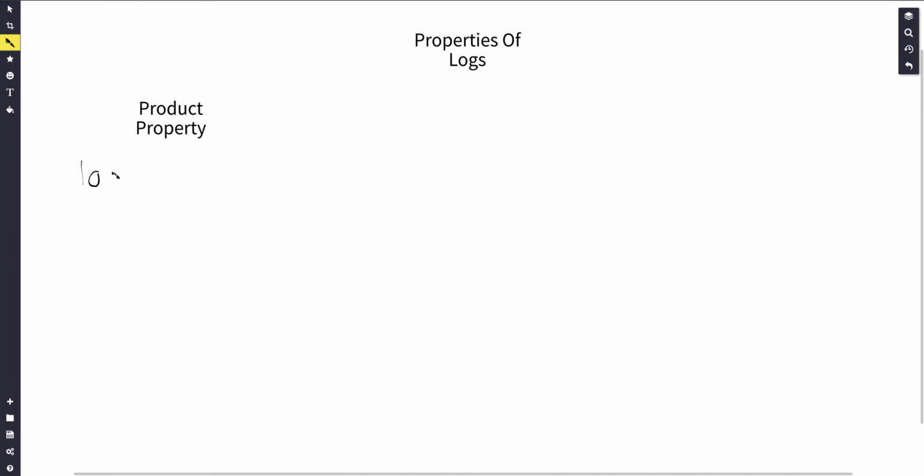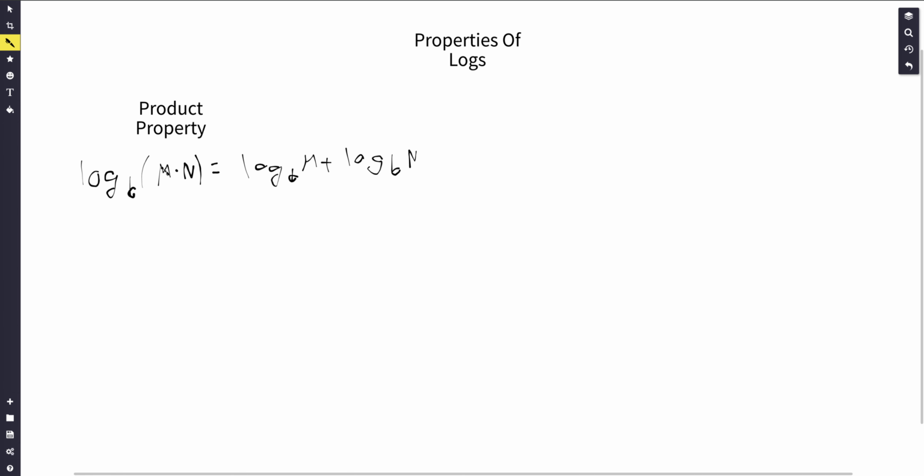So it's log base, and I'm just gonna say base is b, of m times n is equal to log base b of m plus log base b of n. Okay, so what does this mean? So basically what we're doing here is separating the log terms and then adding them instead of just taking it as one whole log.